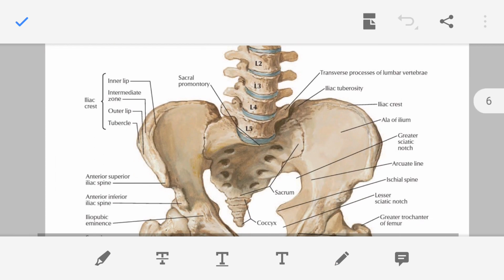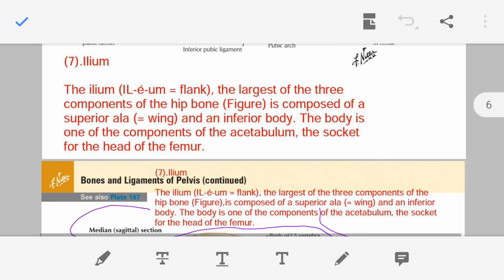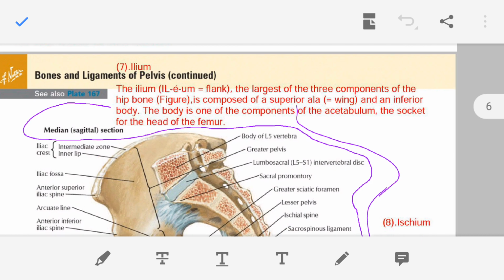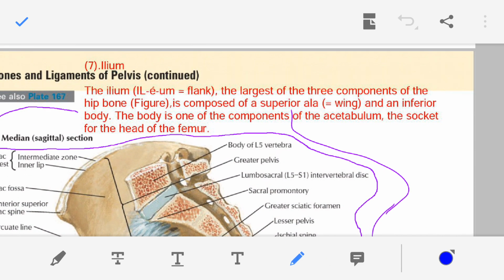Now moving on to the 7th point of our discussion. Now in the hip bone, this is not pronounced ilium as it is written, we should pronounce it as ilium.